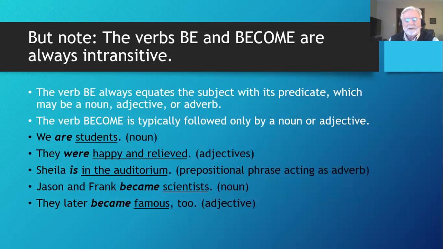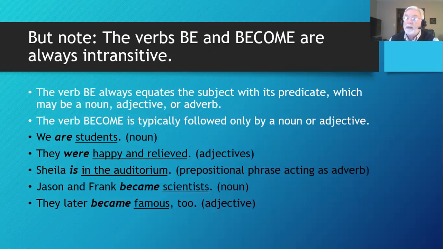And although I said very few verbs are inherently transitive or intransitive, there are two you should be aware of. The verbs be and become are always intransitive. The verb be always equates the subject with its predicate, and the predicate may be a noun, an adjective, or an adverb.